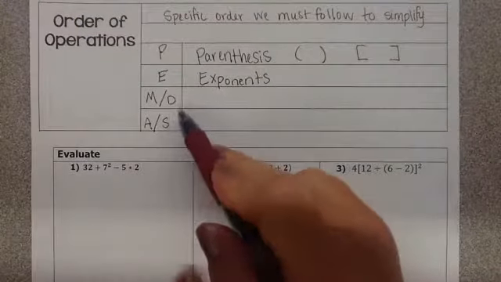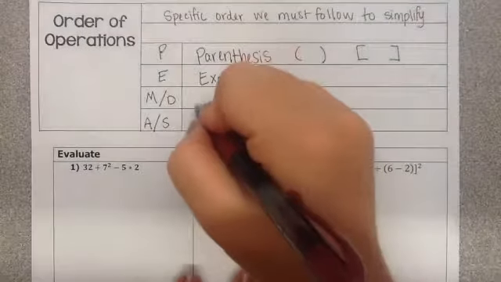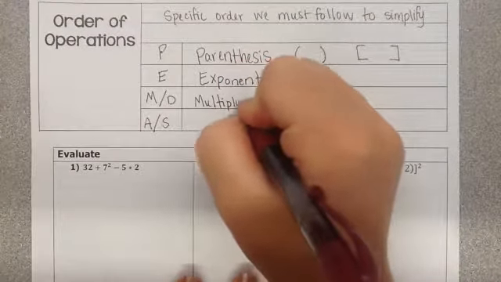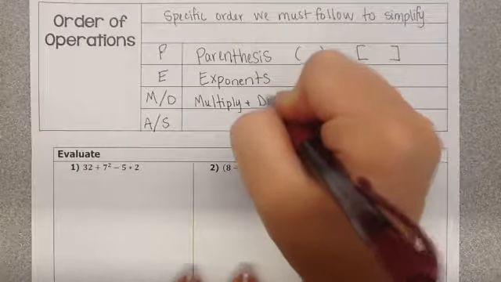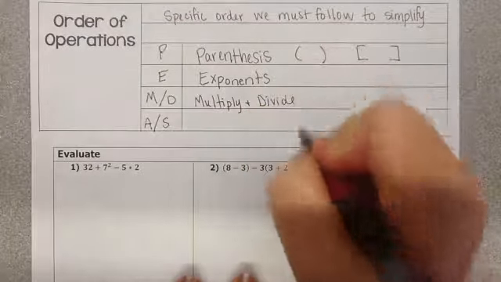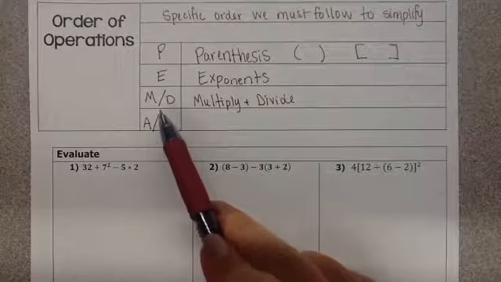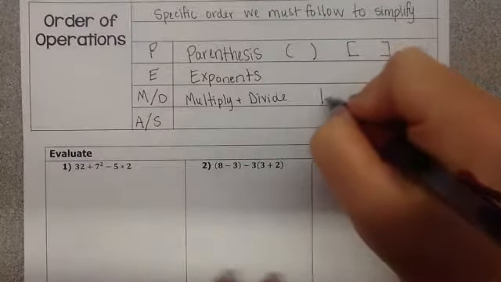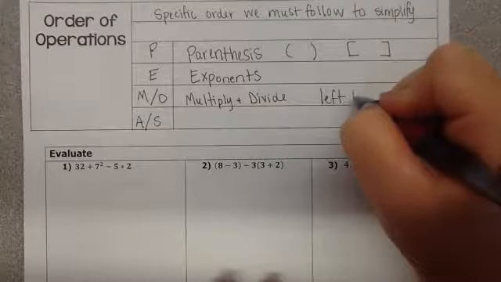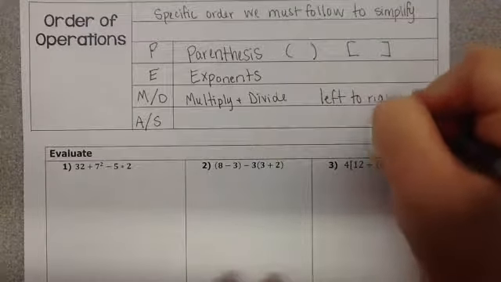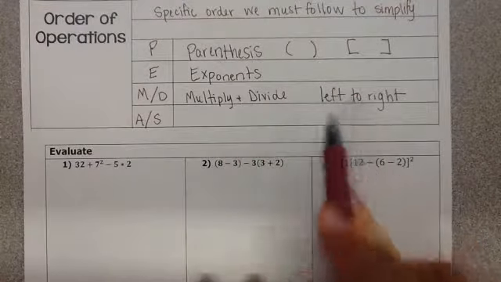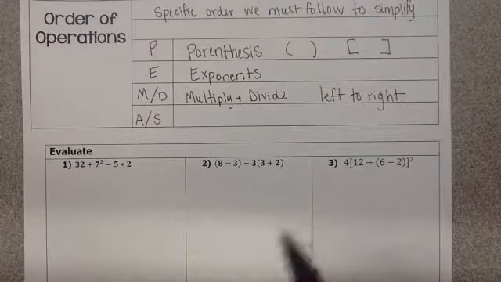M and D, what does that stand for? Multiply and divide. Why are they together? Left to right. You must do those left to right, meaning you may divide before you multiply. These go together. Start left to right and take them out as they come.